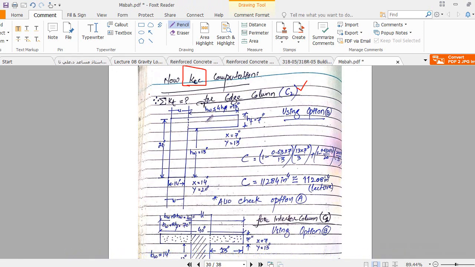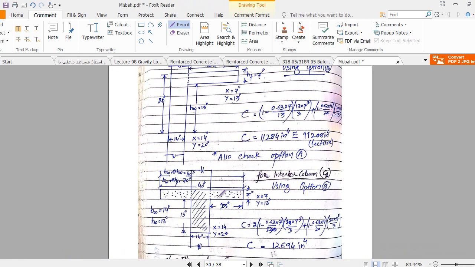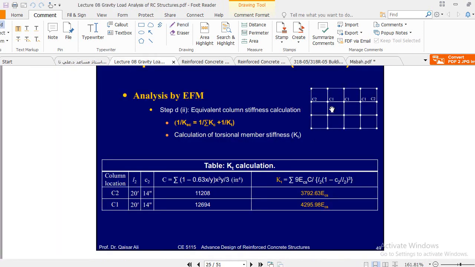You see we have an H beam and we have a T beam, because in this figure, in this layout, we have one interior beam and one edge beam. So the cross section of the transverse beam over this column will look like an L shape, while over this C1 the cross section of the transverse member will look like a T shape.